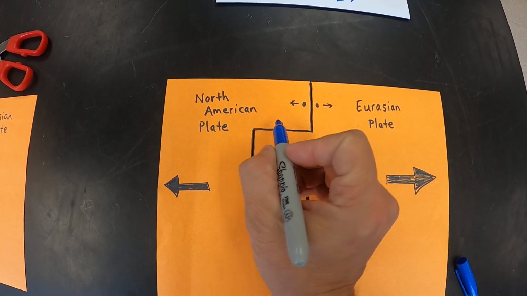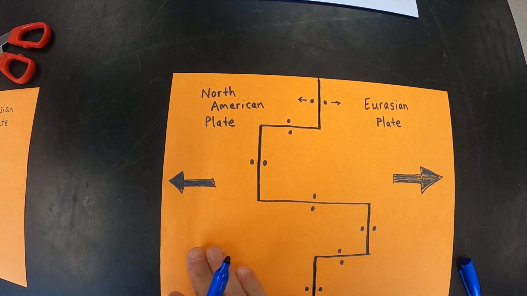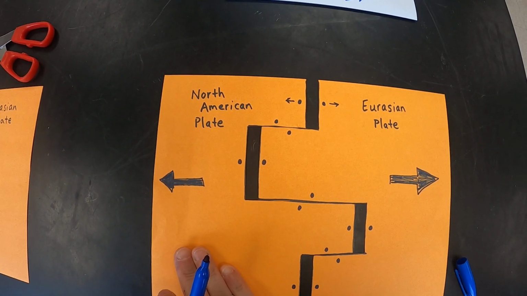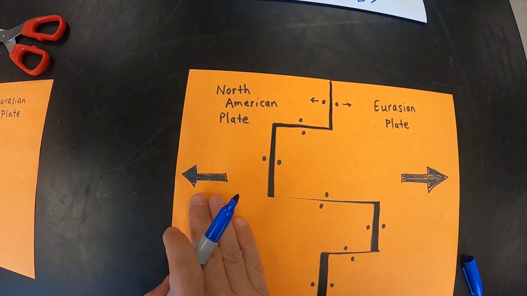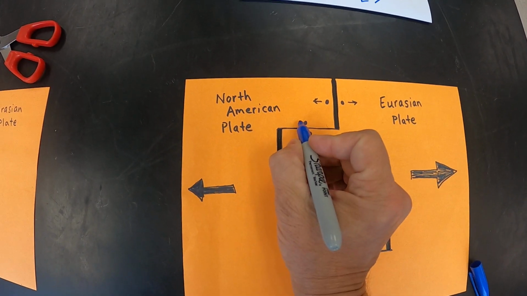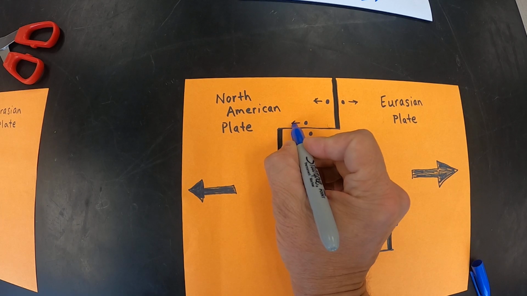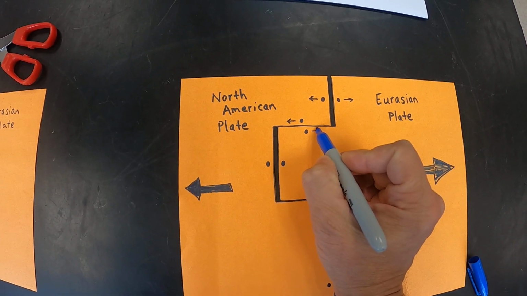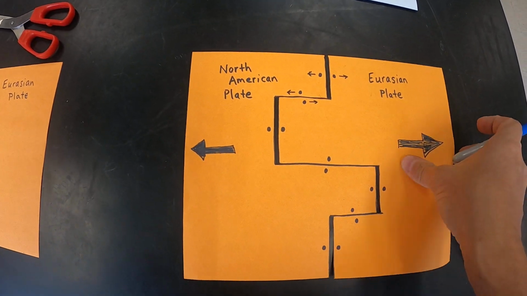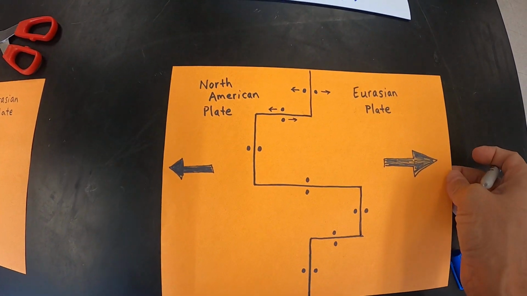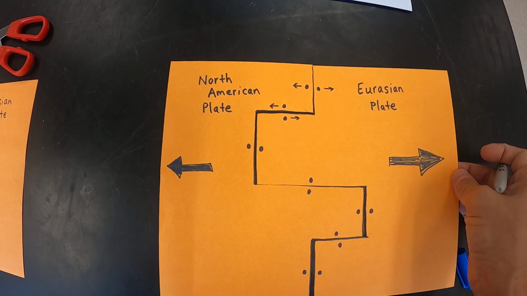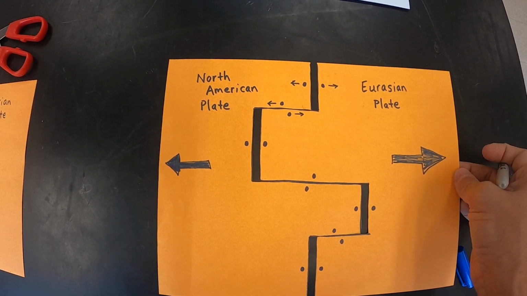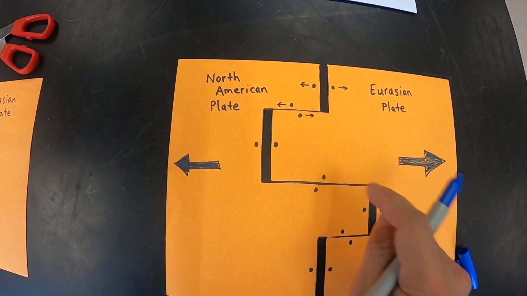But as we look here to this one, this top dot is on the North American plate, and the North American plate is moving to the left or to the west. And so that dot, as we slide them, will be moving that direction. The Eurasian plate is moving to the right. So you can see here on that leg there that as those plates are moving apart from each other, they don't get further apart here.